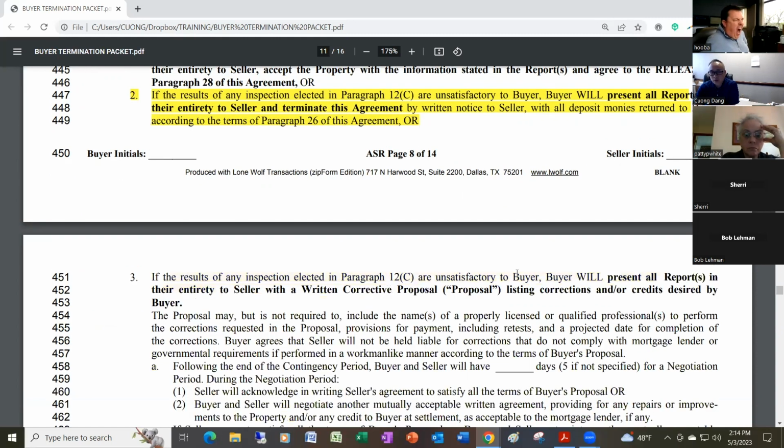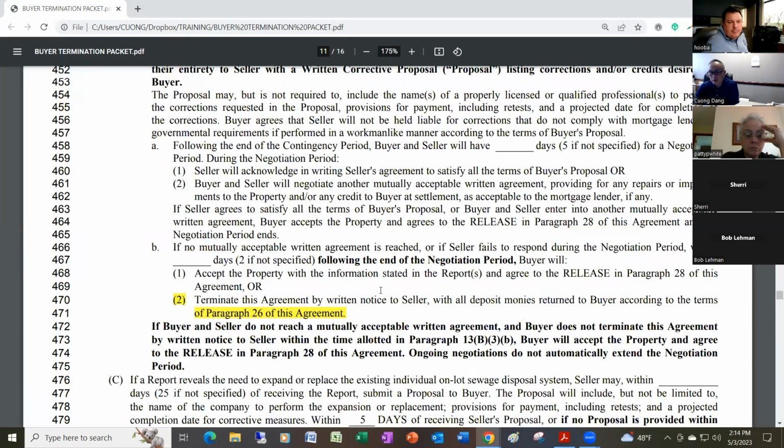Then the next one that we had highlighted too is after the negotiation period. So remember, we have 10 days to do the inspection and respond back to the seller with what we want to do. Okay. So if we opt to negotiate, then we have 5 days to negotiate, right? After the 10 days. Correct? Okay. So after those 5 days, then we have the 2 days for the buyer's response.